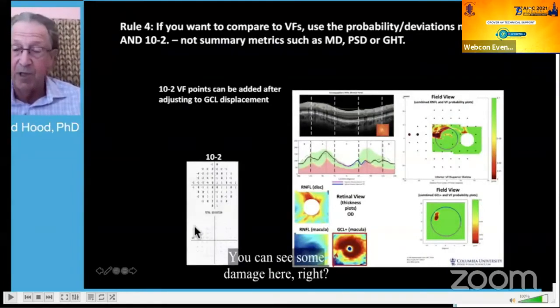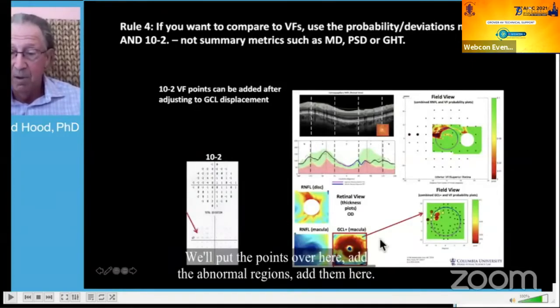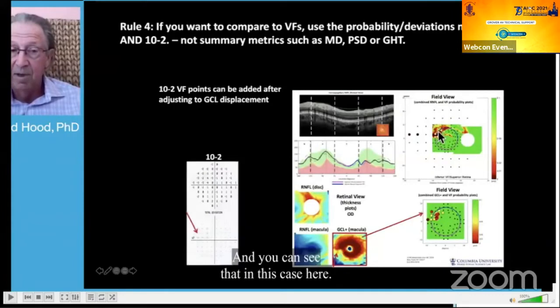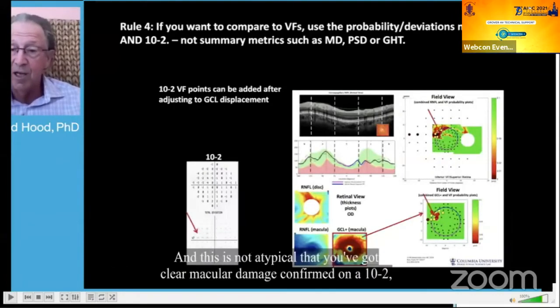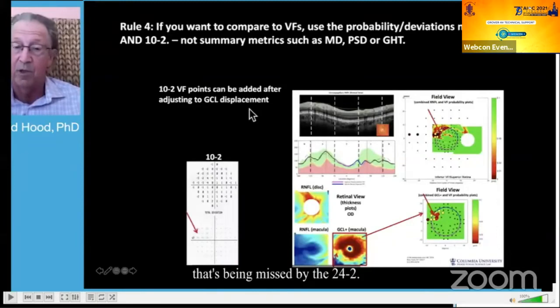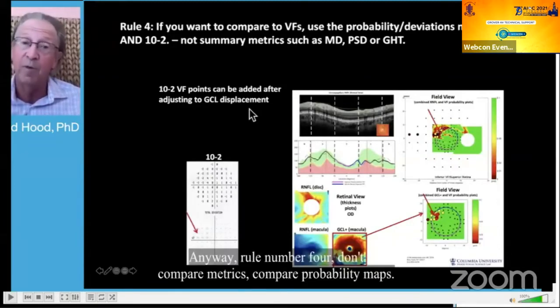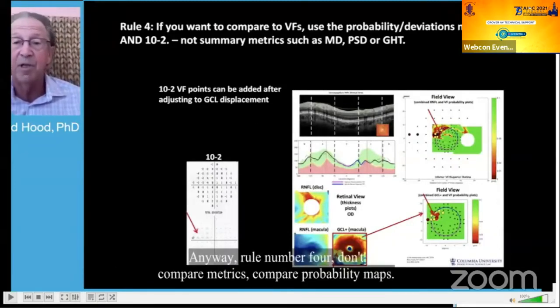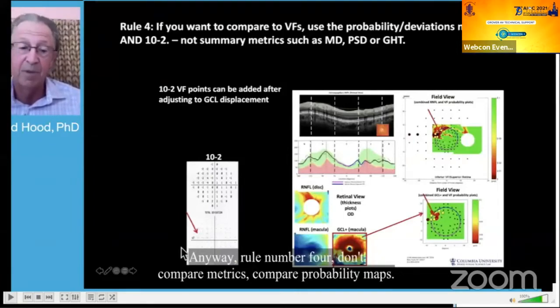You can see some damage here, right? We'll put the points over here, add the abnormal regions, add them here, and you can see that in this case, and this is not atypical, you've got clear macular damage confirmed on the 10-2 that's being missed by the 24-2. Anyway, rule number 4, don't compare metrics, compare probability maps.